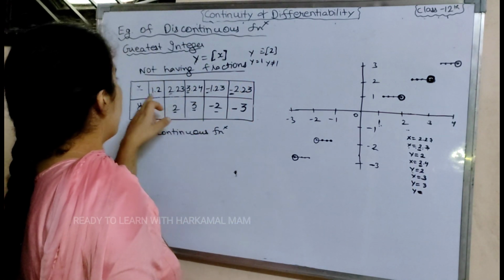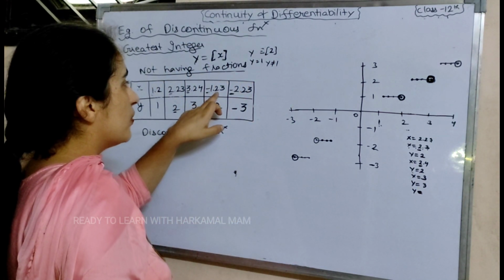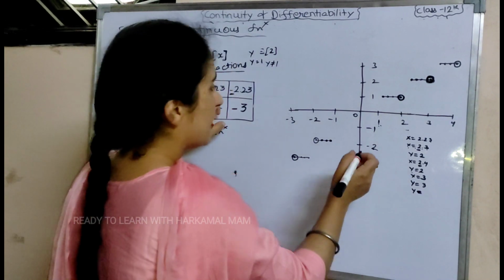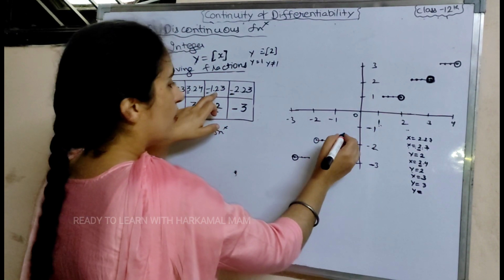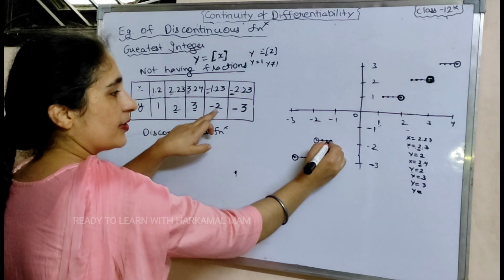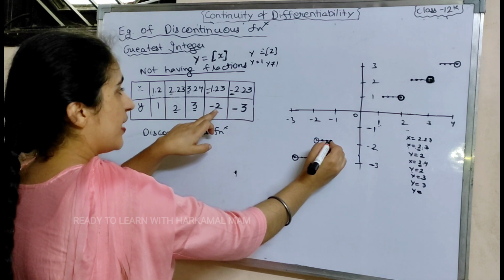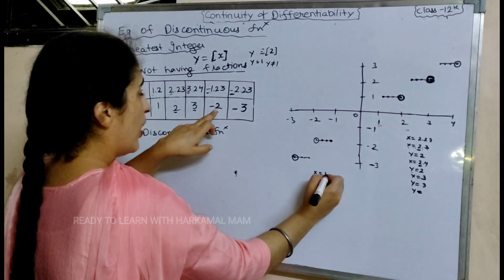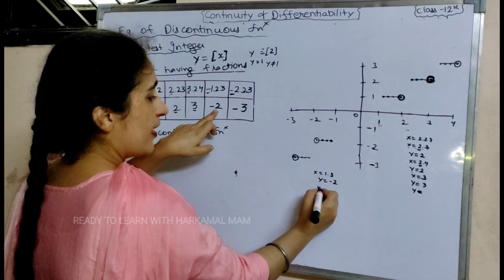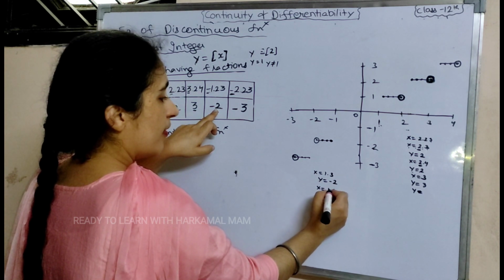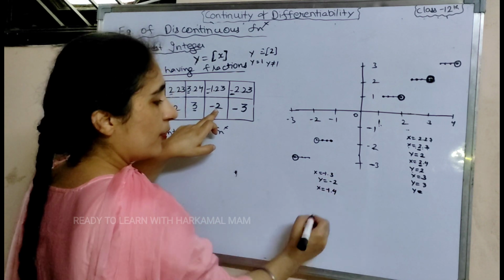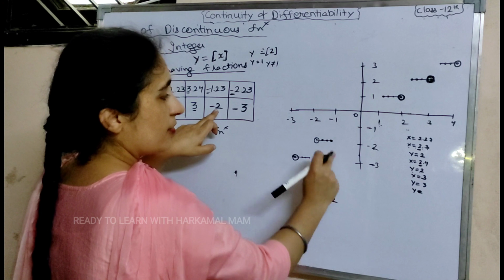Similarly, when x is equal to minus 1.23, here is the point, y is minus 2. When x value is minus 1.3, value of y remains minus 2. When we take x value minus 1.4, the value of y remains minus 2.